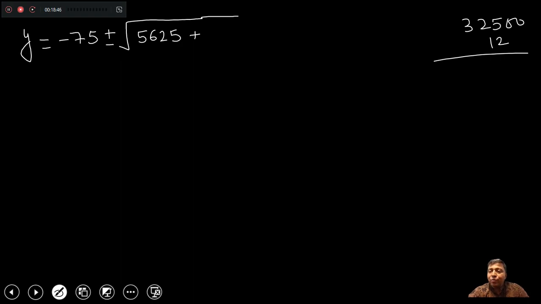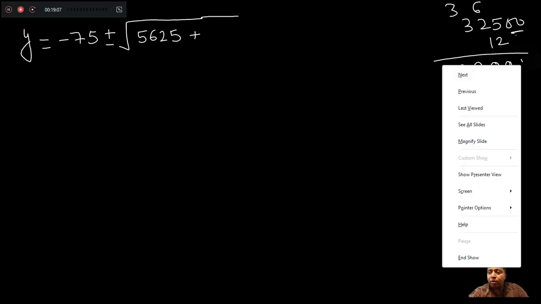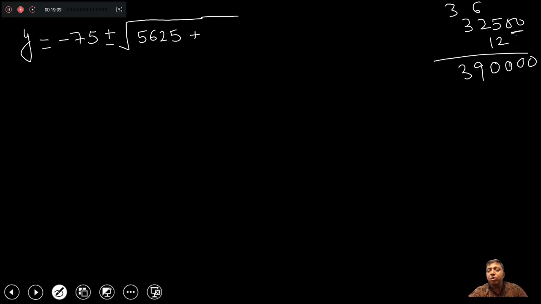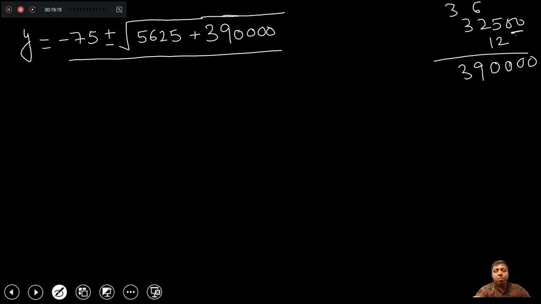Now 12 times 5 is 60. I write 0 and carry 6. 12 2s are 24 plus 6 is 30. I write 0 and carry 3. 12 3s are 36 plus 3 is 39. And these two zeros were left. So I put these remaining two zeros. So this is 3,90,000 upon 6.